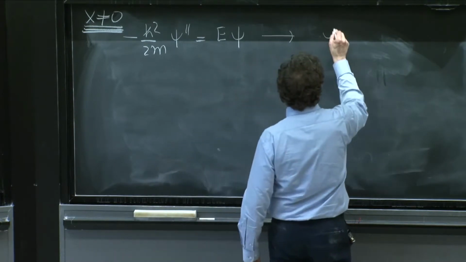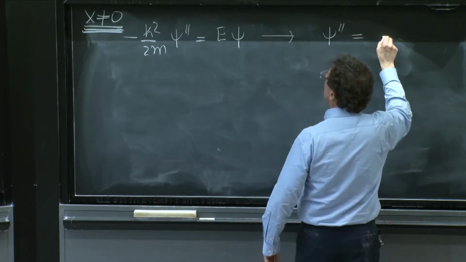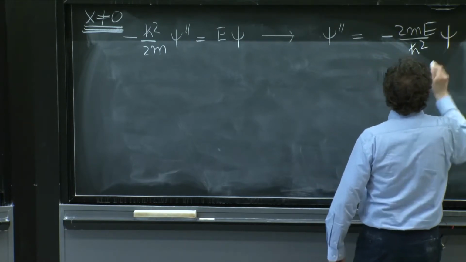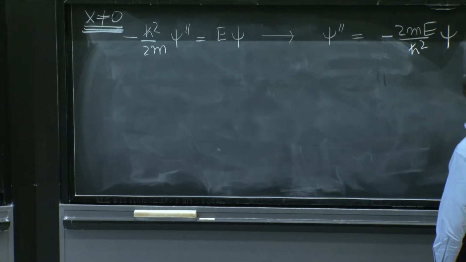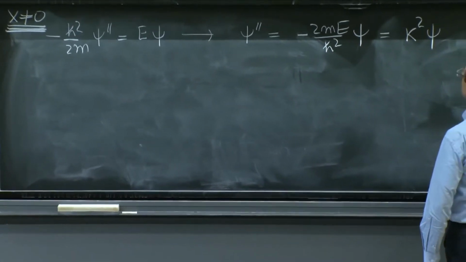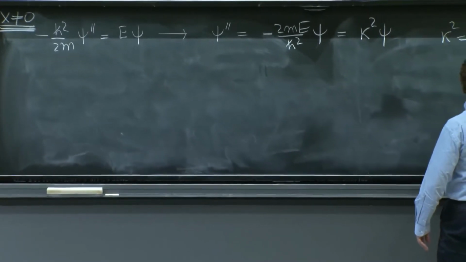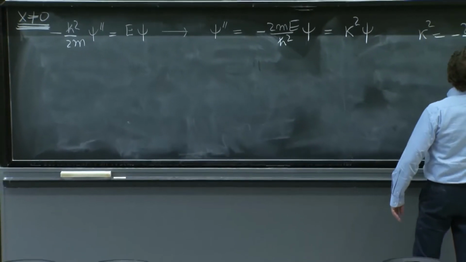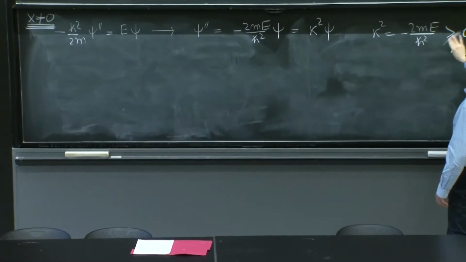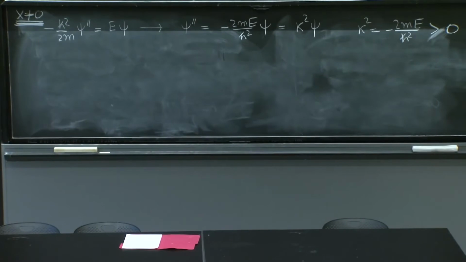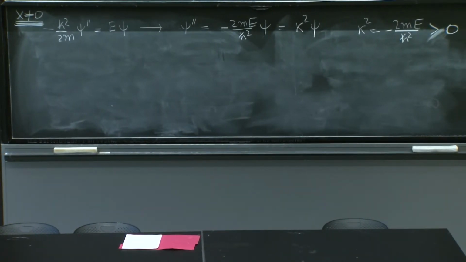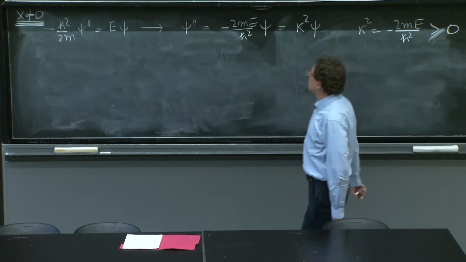And this differential equation becomes psi double prime equals minus 2me over h squared psi. And this is equal to kappa squared psi, where kappa squared is minus 2me over h squared and is positive. It's positive because the energy is negative and we're looking for bound states. So we're looking for bound states only.